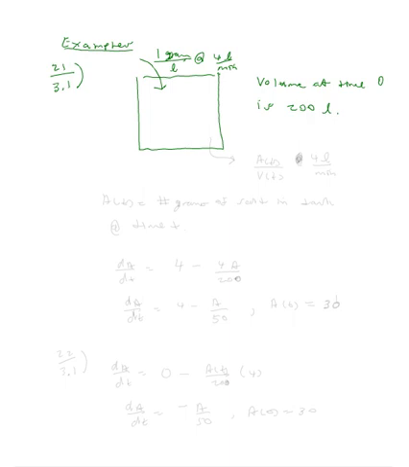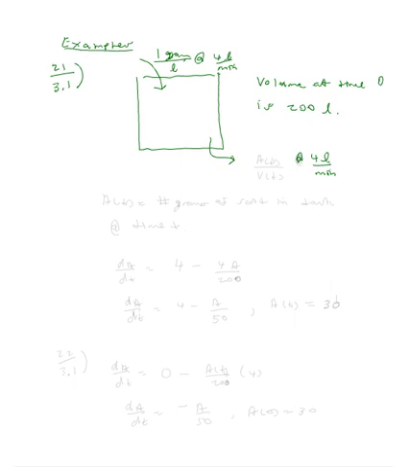Now it says at the same time, the fluid in the tank is kept well mixed and it's being pumped out at the same rate. Okay, so we've got the stuff flowing out at the same rate, 4 liters per minute. But what's the concentration of the stuff going out?